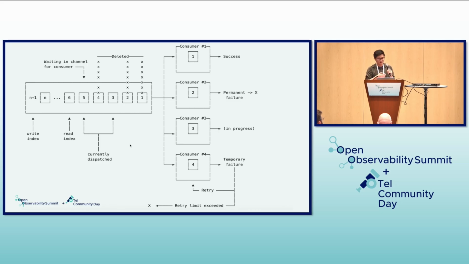The good thing about persistent storage, of course, is that whenever your OTel collector crashes and restarts, you can resume exporting telemetry data from the last read and write index. And here's an overview flow graph from the exporter helper library showing how this persistent queue works.